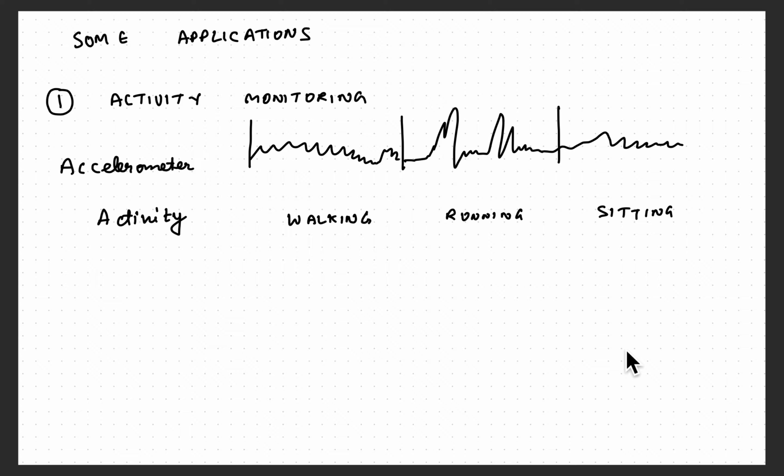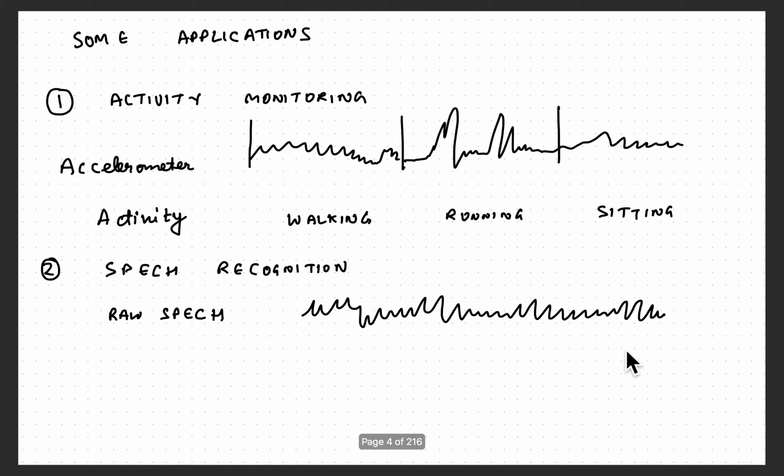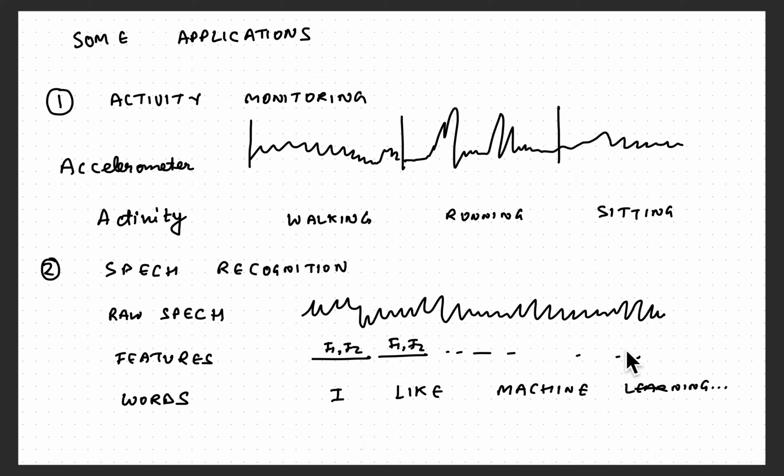Another example where HMMs are very highly used is speech recognition. So imagine you have raw speech. This could be coming in from your smartphone where you're trying to talk to your Google Assistant or Siri or Amazon Echo, Amazon Dot, or Cortana. Given this raw speech, there would be some component which would transform this into features.